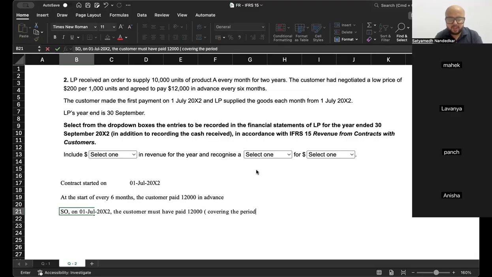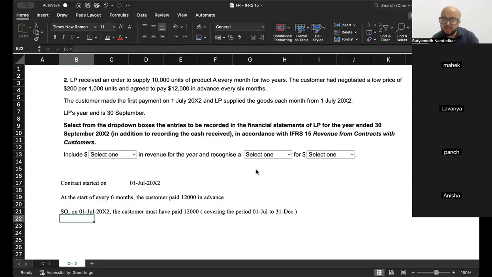So this will basically cover the period 1st of July to 31st of December. ठीक है. The customer must have paid 12,000 covering the period 1st of July to 31st of December. ठीक है. अब the customer had negotiated a price of 200 per 1,000 units. Okay, 200 per 1,000 units. तो 10,000 units के लिए कितना होगा?